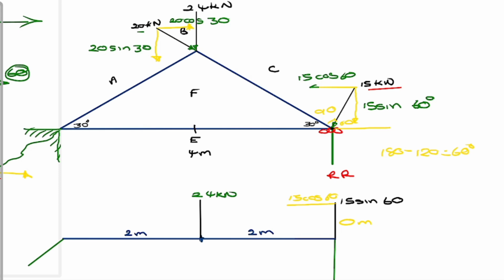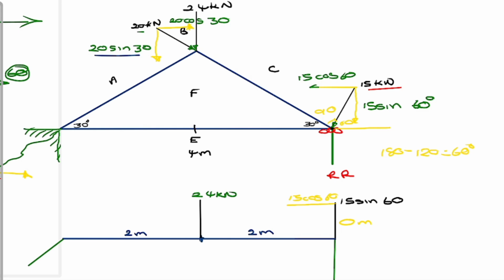I'll just leave it like that. Now I have a horizontal component of the 20 kilonewtons. The vertical, sorry, let me speak of the vertical first. The vertical component is 20 sine 30. So I'll just write over here, I'll say and.